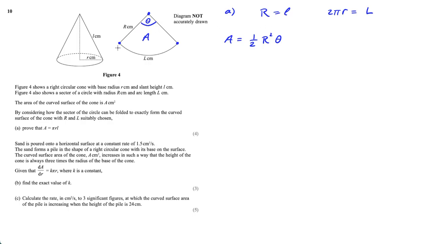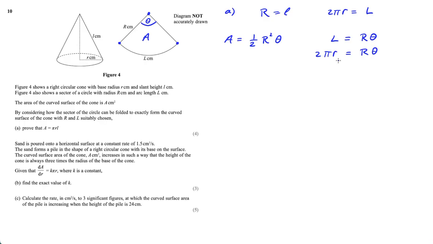And what is the length of this arc? Well, the length of an arc is just R theta. So that's R theta. So we now know that 2 pi r equals R theta, because we know 2 pi r is L.